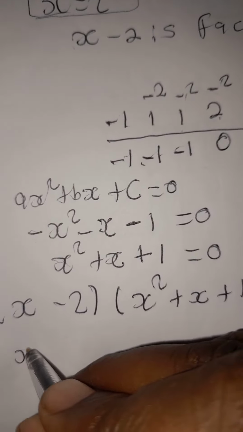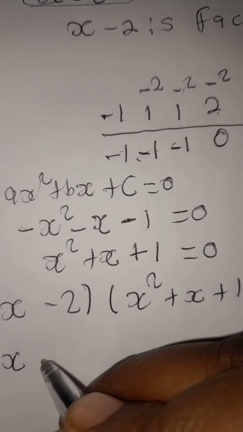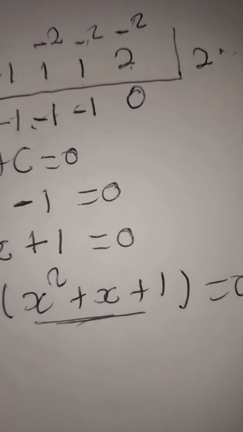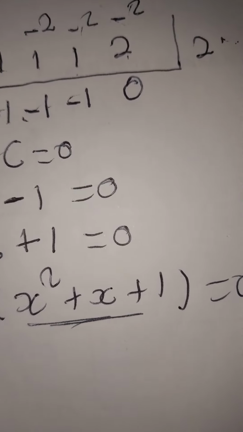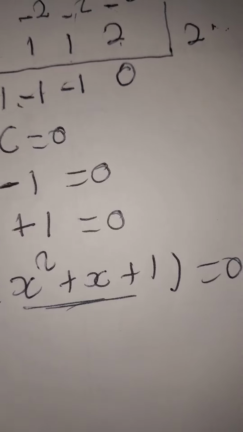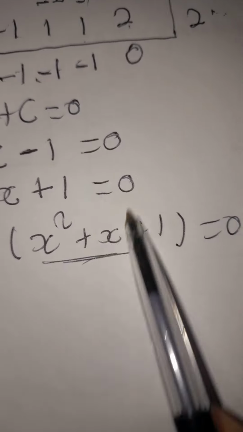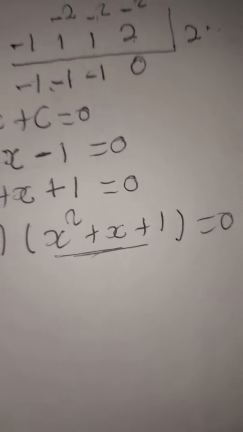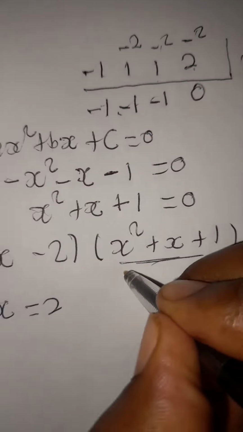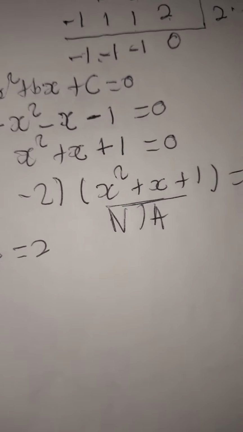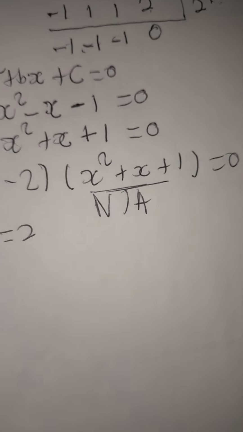So for the first factor, if we equate it to 0, we get x equals 2. What about this? Can we factorize this? Oh, the factors of 1 don't satisfy the middle term. Well, let's think of the quadratic formula. If we use it, it still doesn't make sense. So that means there's no solution in this case. So NA, not applicable.